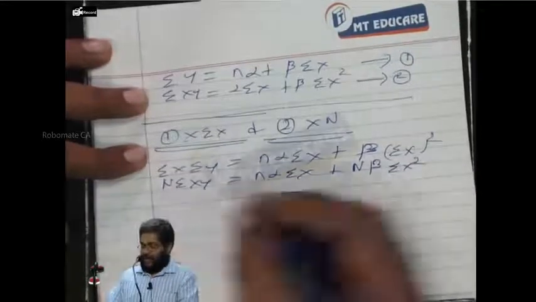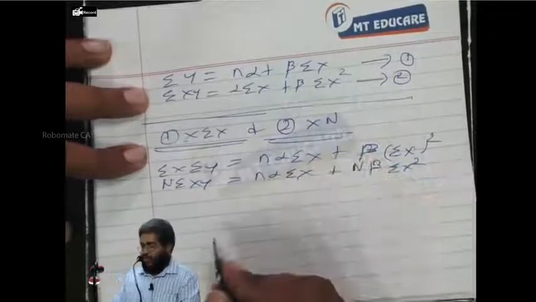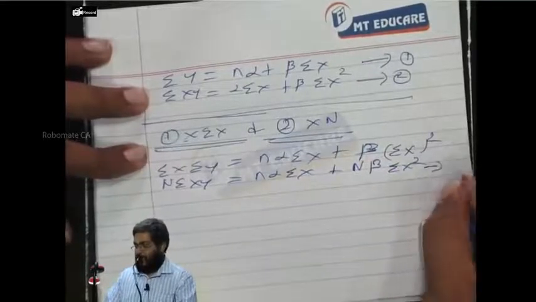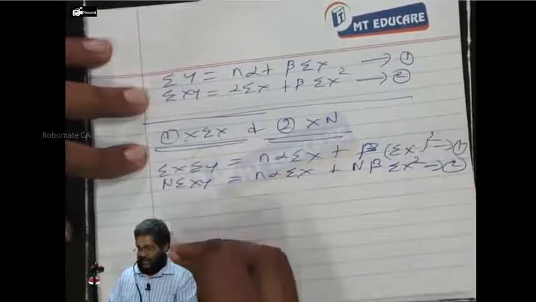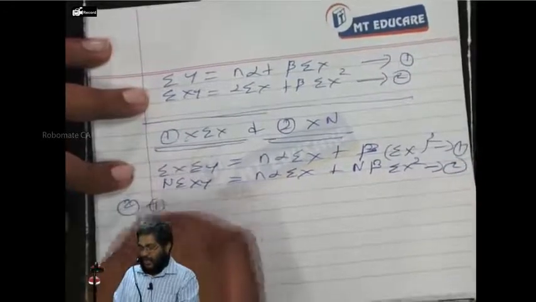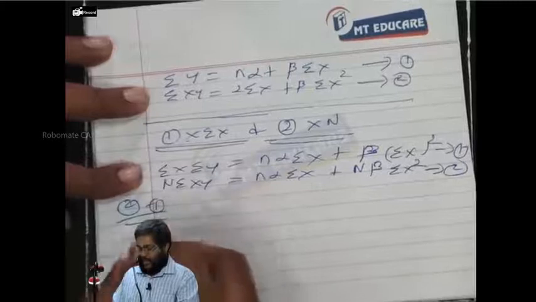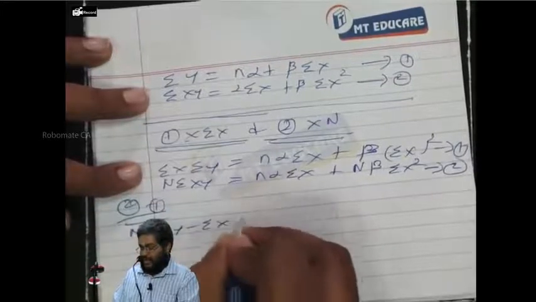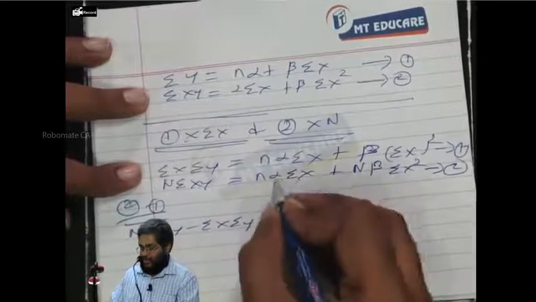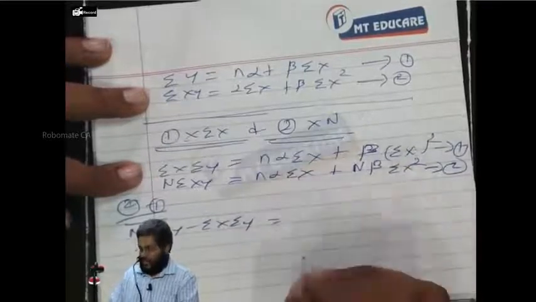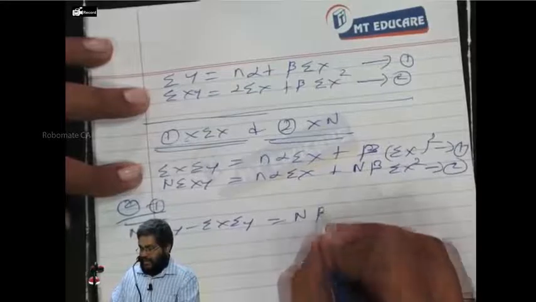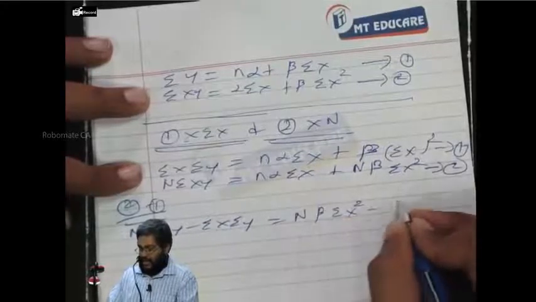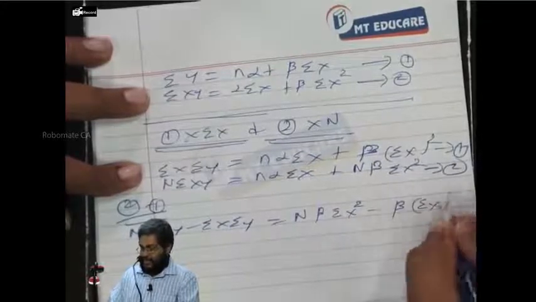Right or not? Now I subtract 1 from 2. I write equation 2 minus what? Equation 1. Tell me what happens here? N sigma xy minus sigma x sigma y is equal to, this gets cancelled or not? Yes. What happens here? N beta sigma x squared minus beta sigma x the whole square.